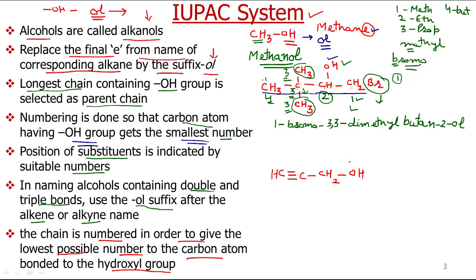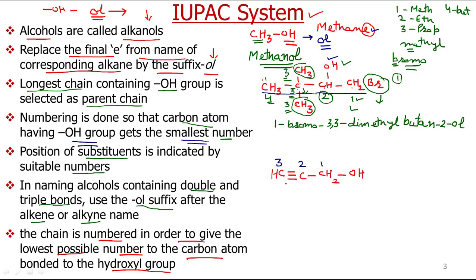The OH group gets higher priority than the alkyne group. So we start the numbering from the direction which gives the lowest number to the OH group. So it will be 1, 2, 3.